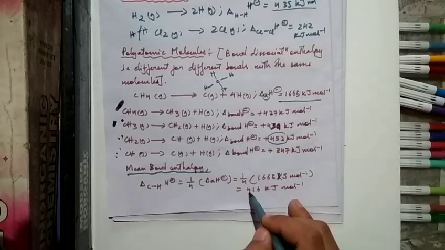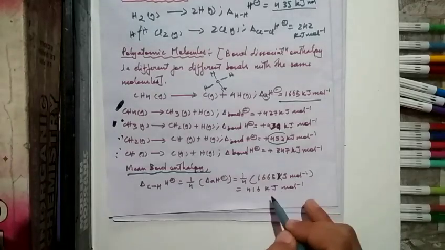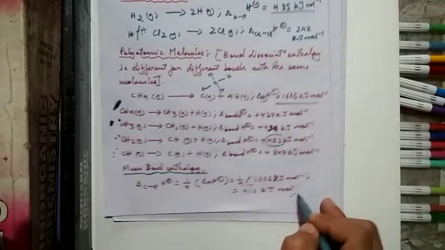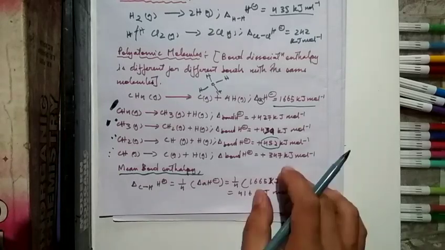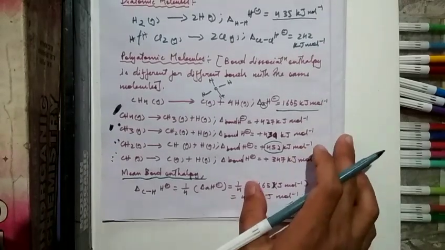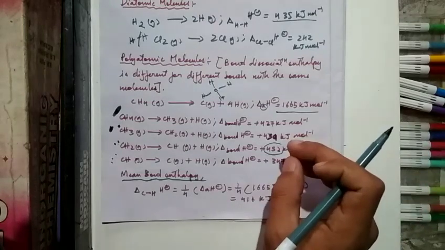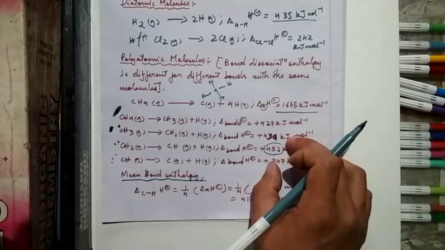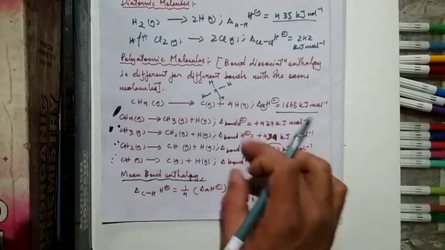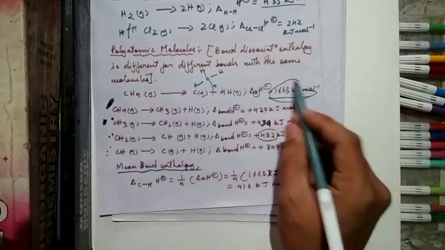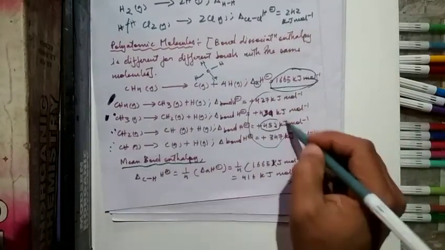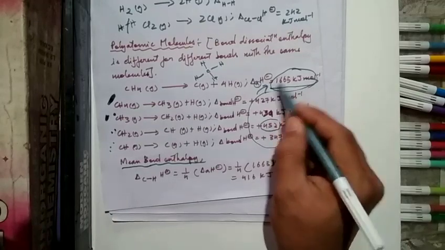What we get is 416 kilojoule per mole. So this will be the mean dissociation enthalpy. If you remember Hess's law of constant heat summation, all these steps will be equal to this one only. If you calculate all these steps, it will give you this one.